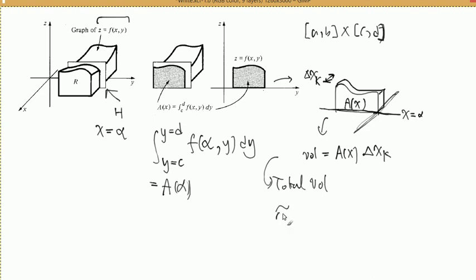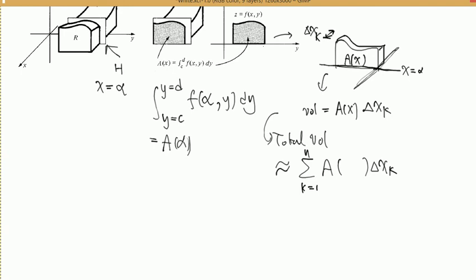Seems pretty close to some of these slices, right? Yeah. So I'm using k going from 1 through however many slices you made in there, and here's A of x, multiplied by thickness delta x k, correct? And here, what are you going to use? Some sample in here.